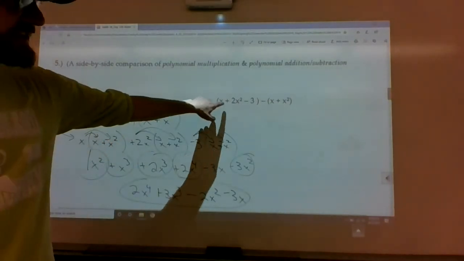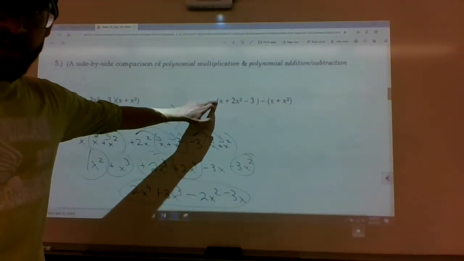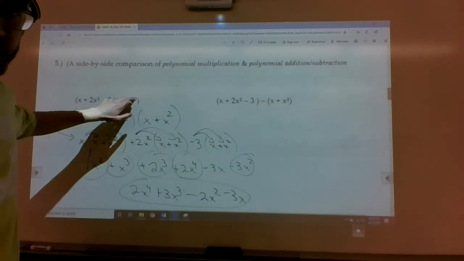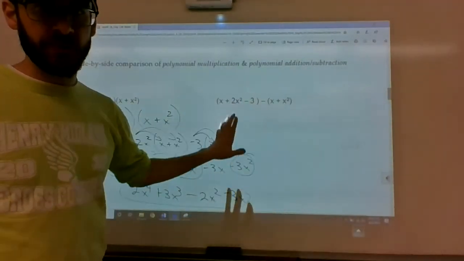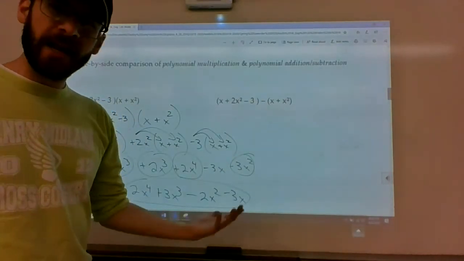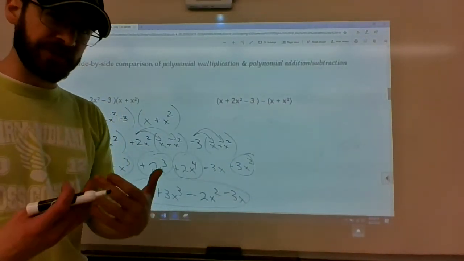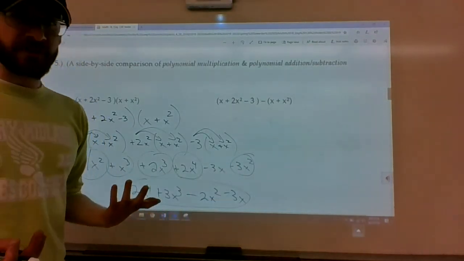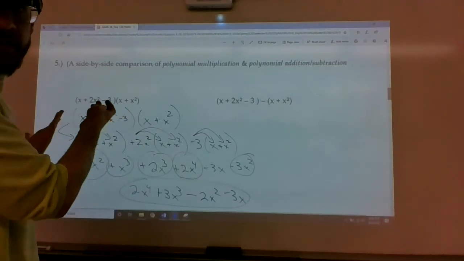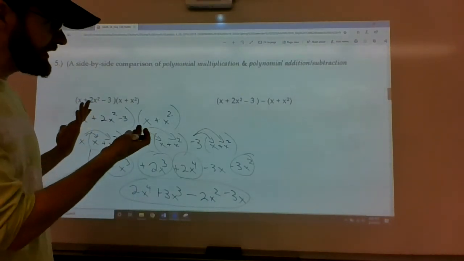However, when students see this, they tend to not make a distinction between the two, although there's subtraction happening in between that second group. What happens if there's subtraction in between two polynomials? Well, the last lesson, we certainly didn't multiply them together like we've been doing for the past 14 minutes here.